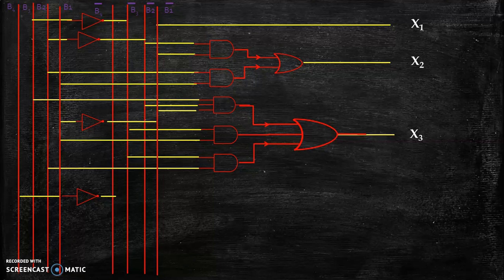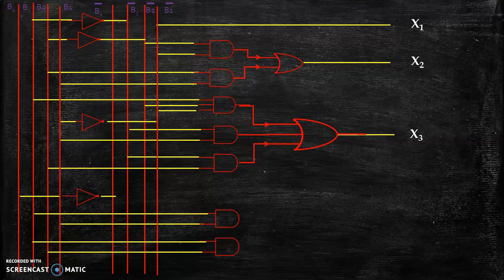In the same way for x4, we again have 2 product terms and we give input connections as required. We use one OR gate at the output stage.